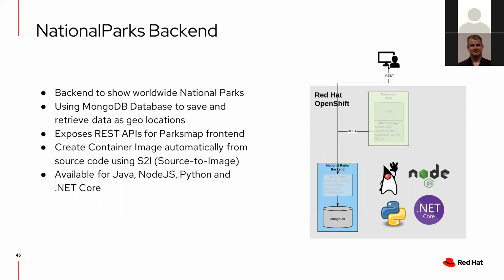I guess I stole my thunder again, but at the bottom here it shows that we have Java, Node.js, Python, and .NET. For our backends, we have a Mongo database, and then we're exposing that through REST APIs to the front end.